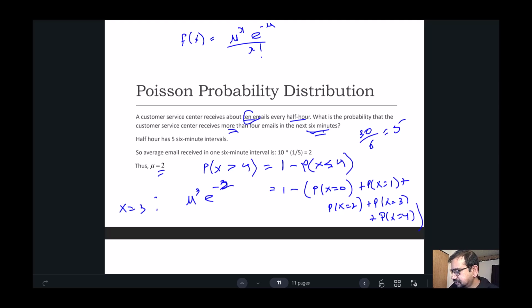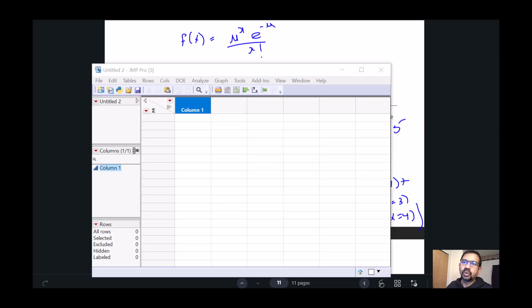Again, our mu was 2, so I should have just written 2 here directly, divided by 3 factorial. So again, doing this 5 times gets a little unwieldy. Let's see how software can do that for us. We will use JMP to do these calculations.